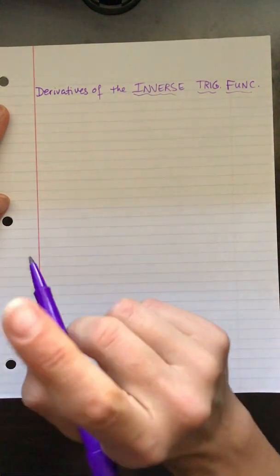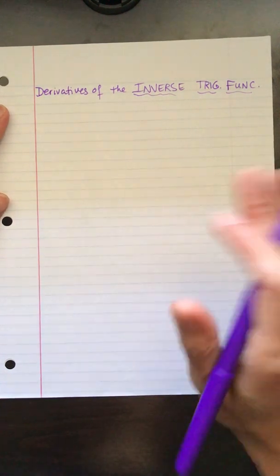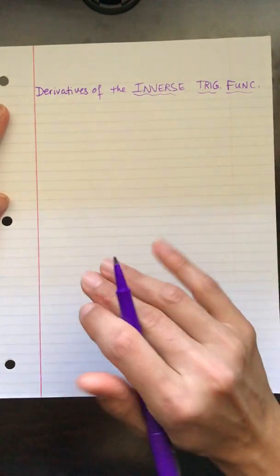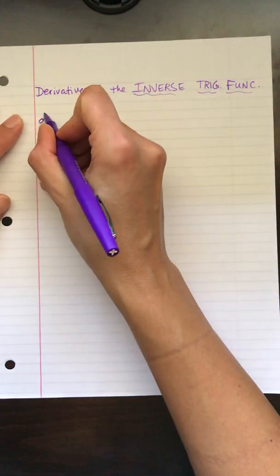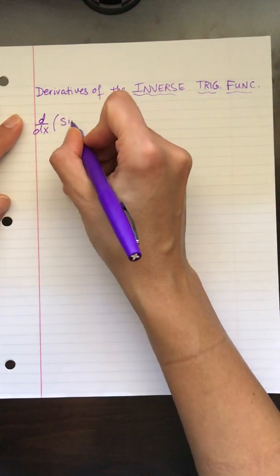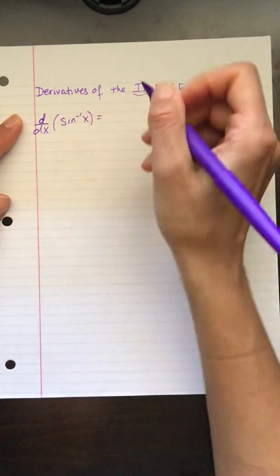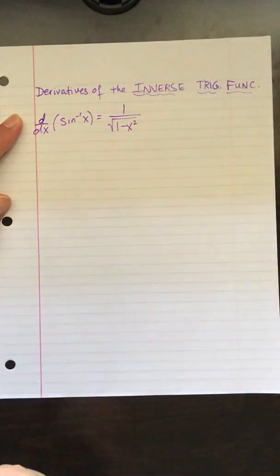I'm going to make you memorize only 3. Not that I don't care, but it's not very important to memorize the inverse trig derivatives for cosecant, secant, and cotangent. But you have to memorize that the derivative of the inverse sine function is 1 over rad 1 minus x squared.